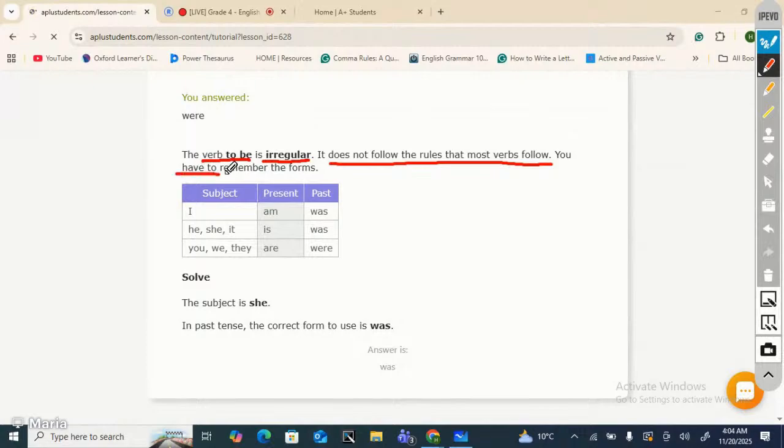So you have to remember the forms of the verb to be, as it is irregular. There is a table, subjects are given, and present tense to be verbs, past tense to be verbs. These are present and past to be verbs.